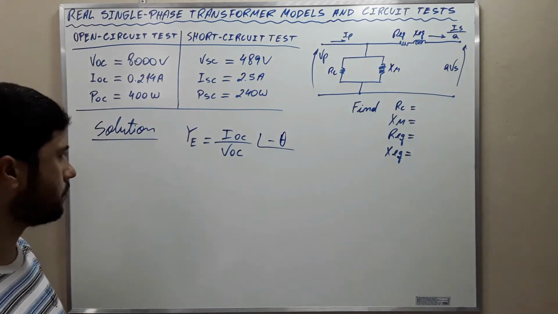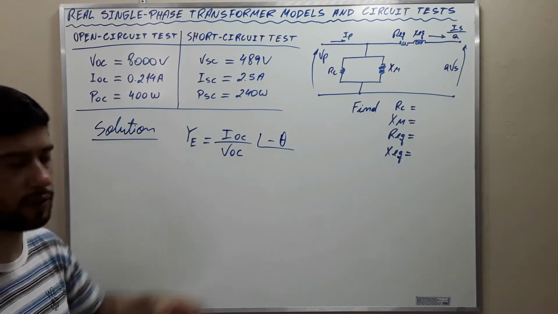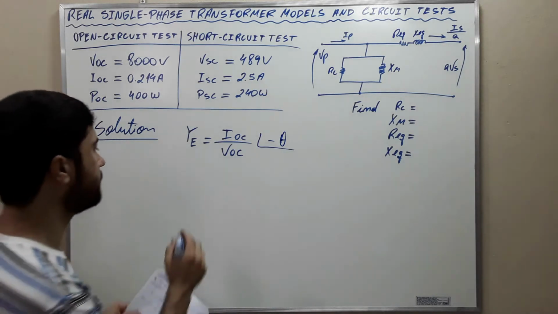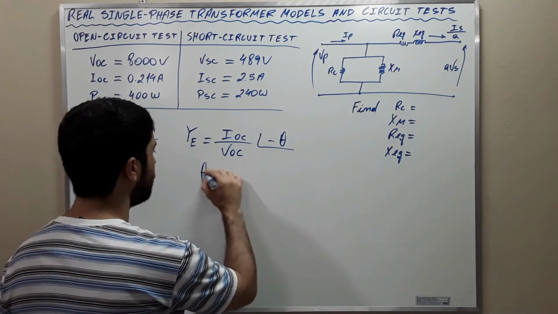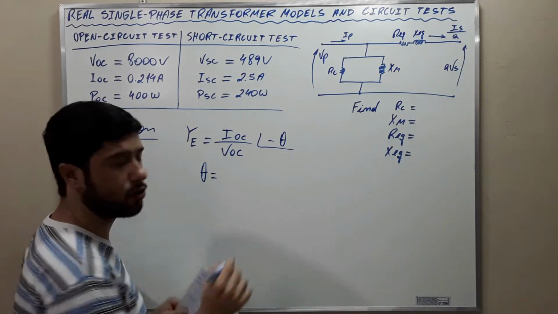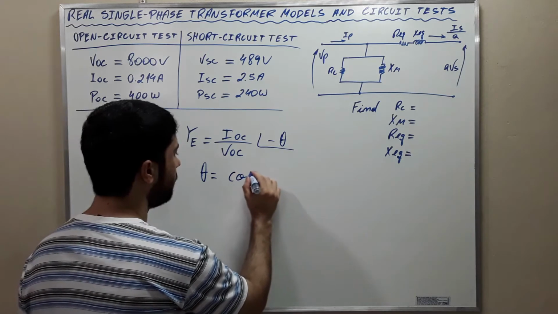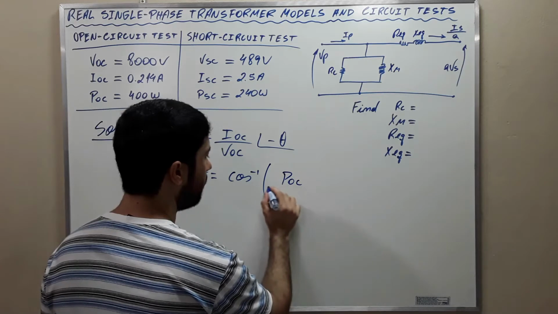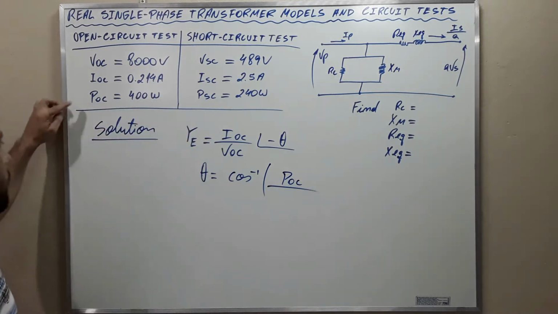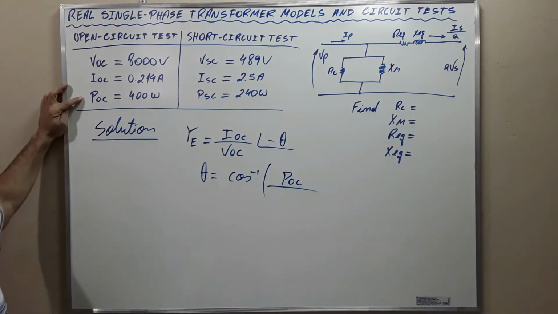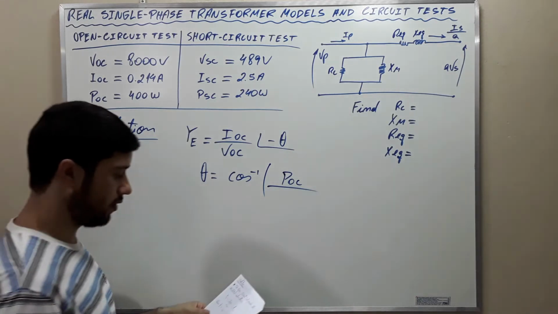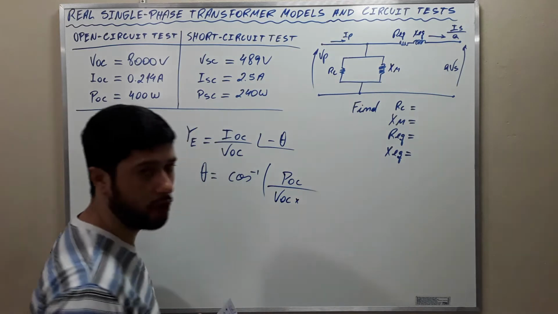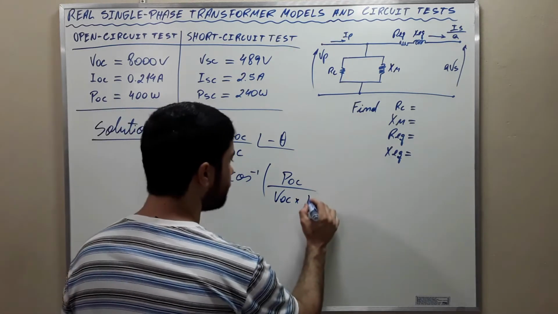Okay? This is standard. Where theta is the inverse cosine of POC, the power of the open circuit test, divided by the voltage times the current.